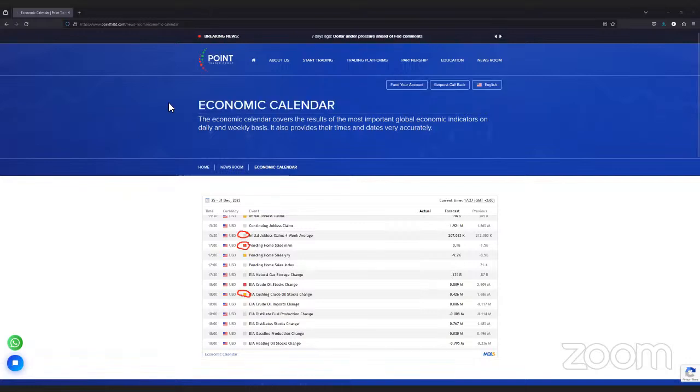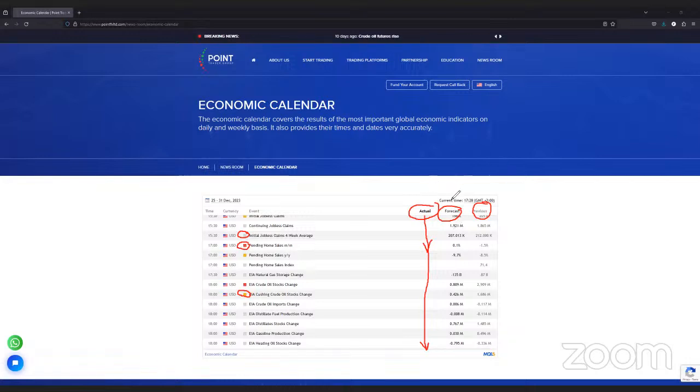Now you're going to have three tabs here: actual, forecast, previous. The actual is what we are waiting for. The forecast is what the biggest entities in the world are forecasting or expecting.